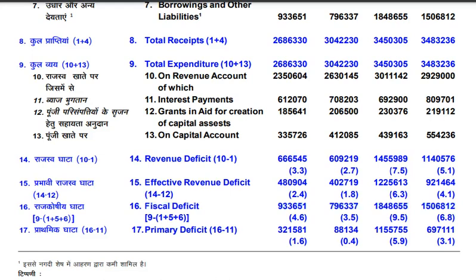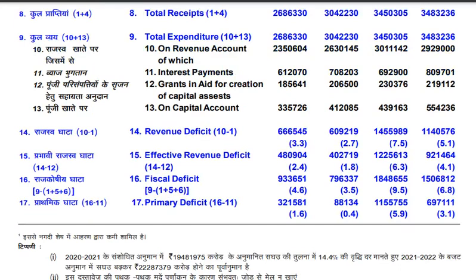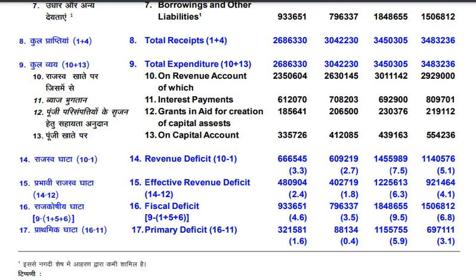Whereas in primary deficit, whatever amount you are borrowing, in that borrowing there is one component as interest payment, and one component as loan. So I would deduct this interest portion from the fiscal deficit, and that would give me the primary deficit.